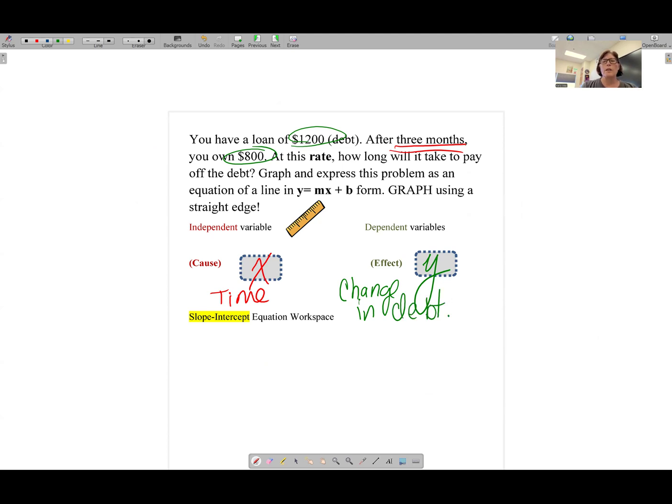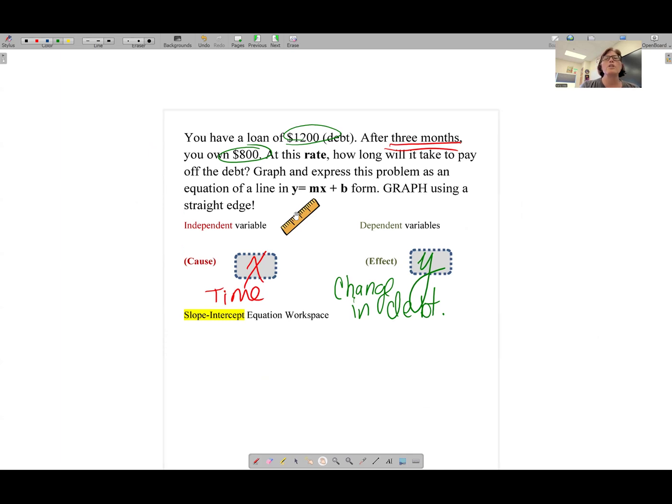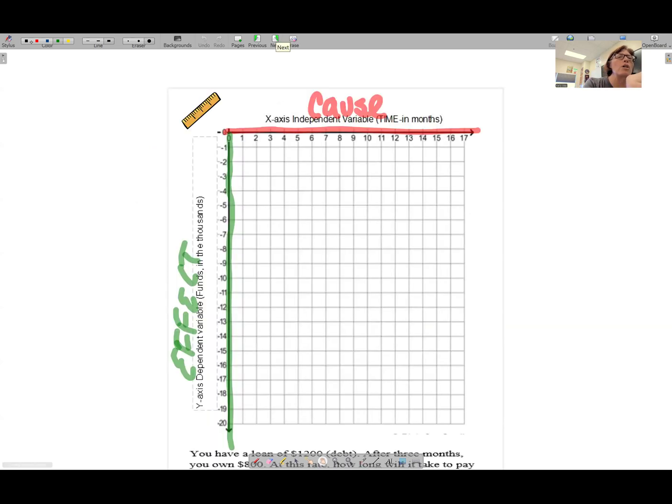All right. So we start at 0 time at $1,200 in debt. So at our 0 timeline, we are here at $1,200.